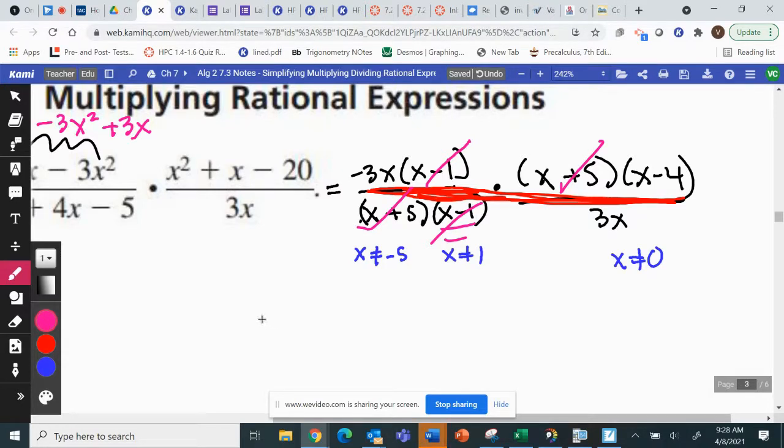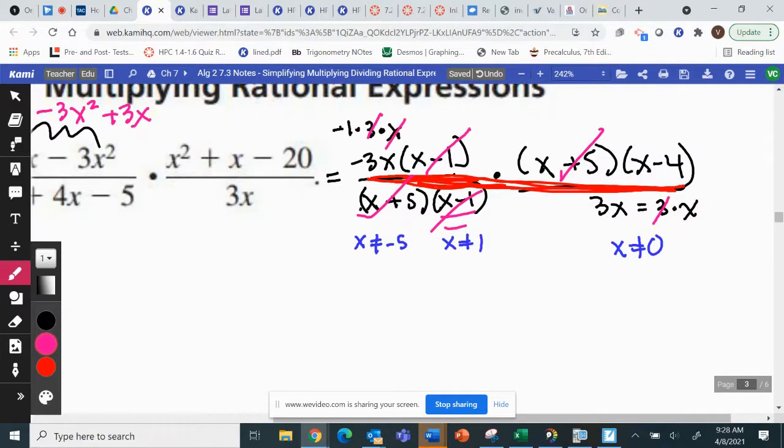When I look at that negative 3x, it could be negative 1 multiplied by 3 multiplied by x. This 3x is the same thing as 3 multiplied by x. So what is actually canceling? The 3 and the x. That's what's canceling. So we still have that negative 1 out there.